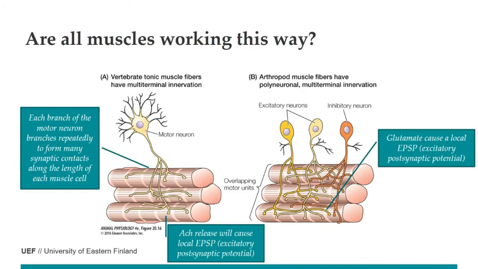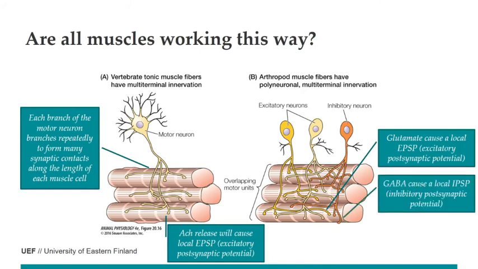That's why we have this multi-terminal innervation. And the interesting thing is that there are also inhibitory cells. So the muscle cells are getting information that now you must contract, and then they are also getting information that no, you shouldn't contract at all. But let's go into a little bit more detail on that.